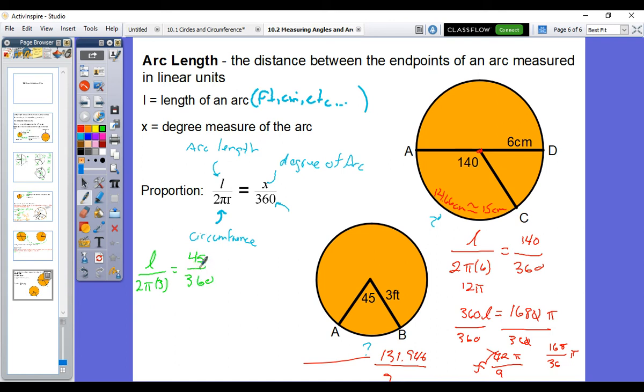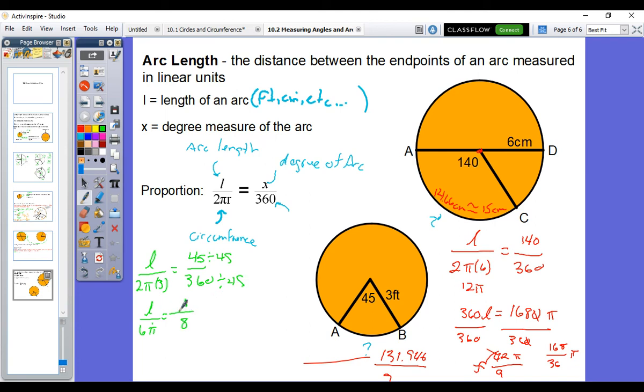We can actually reduce that, 45 over 360, to 1 over 8. Let's do that, so we have to deal with smaller numbers. So here we get L over 2 times 3, which is 6 pi, equals 45 divided by 45 gives us 1, and 360 divided by 45 gives us 8.